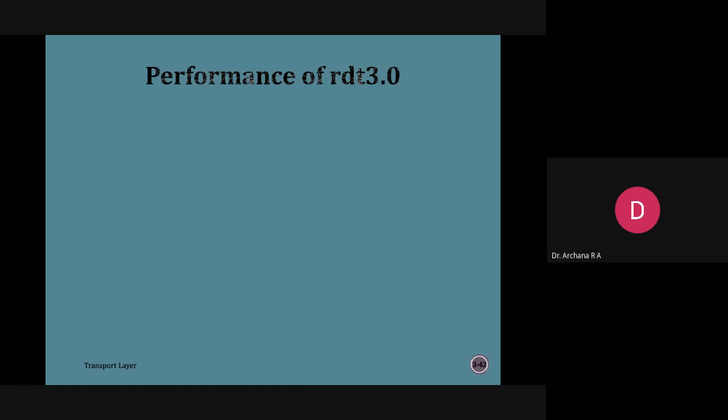But here, reliable data transmission can be achieved, but what about the performance? There is some drawback with respect to the performance with the protocol called RDT 3.0. RDT 3.0 is correct, but the performance will be reduced.